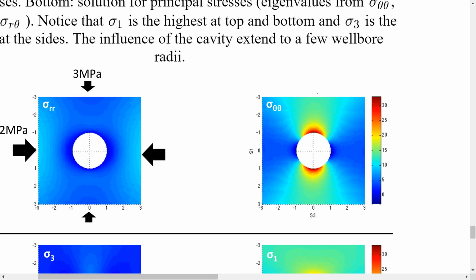In the homework, you're going to have to do a similar problem, but I'm not asking you to plot these colorful field stresses. I'm just asking you to tell me what is the stress at a given angle. Say, for example, if you have theta equal to 0, I'm just asking you the stresses along this line.